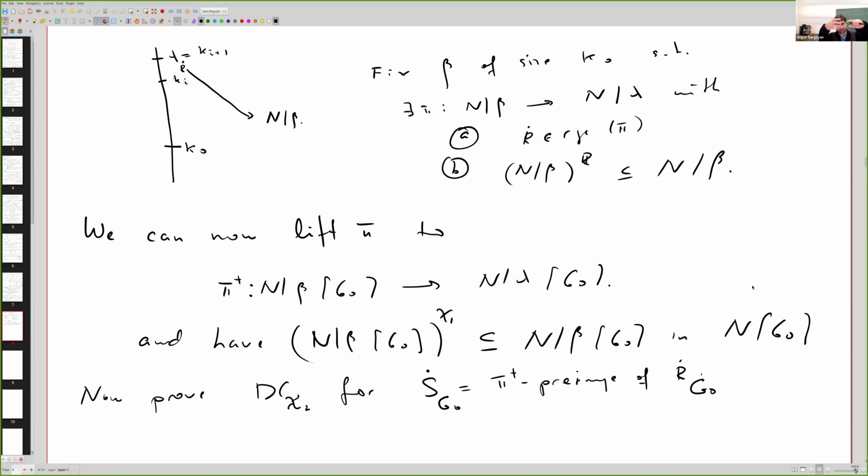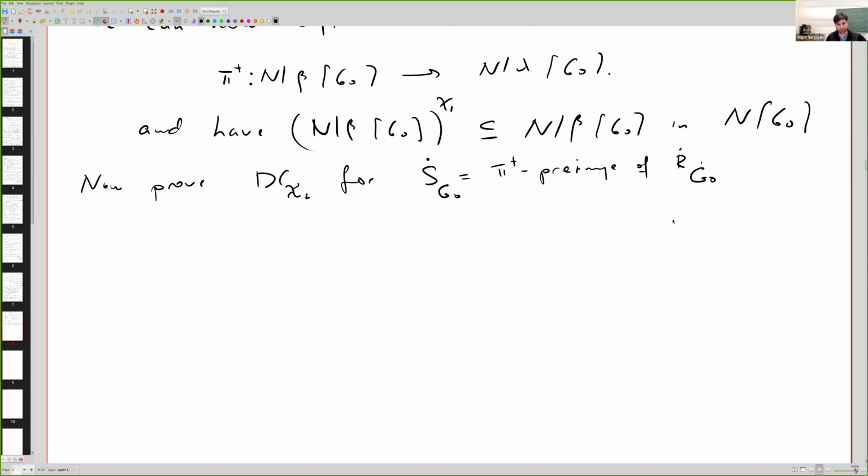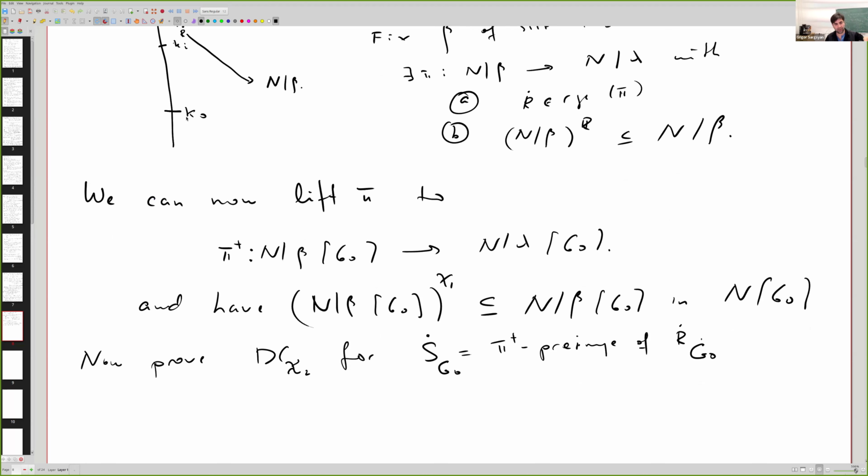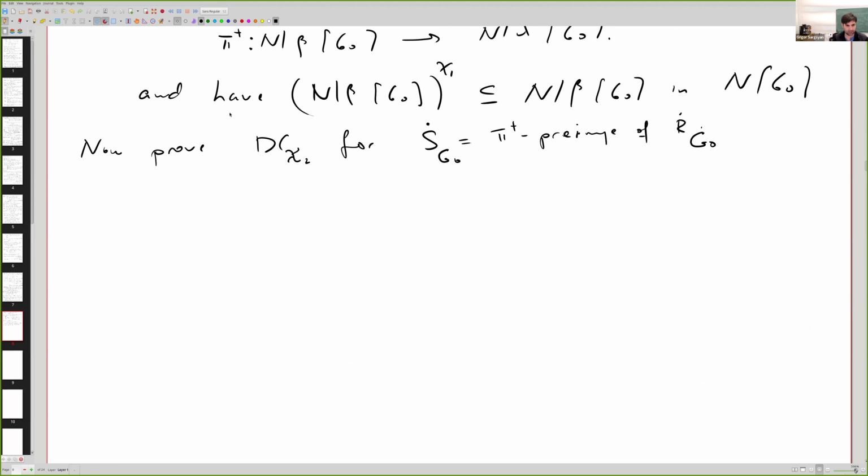Now we use, so here it's a little bit easier now, because my relation now is living on a set of size kappa 0, right? So here we now have S dot G0 is on a set of size kappa 0. Well, it's really size kappa 0 to the omega.